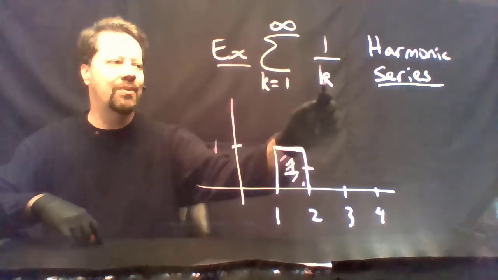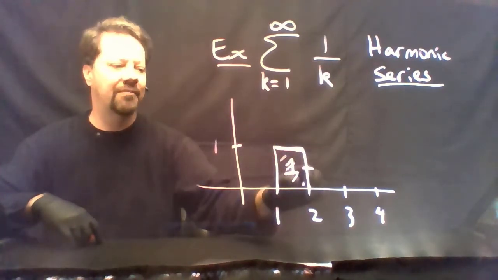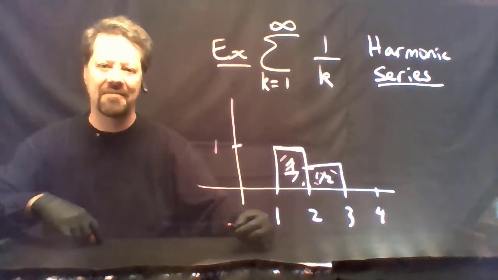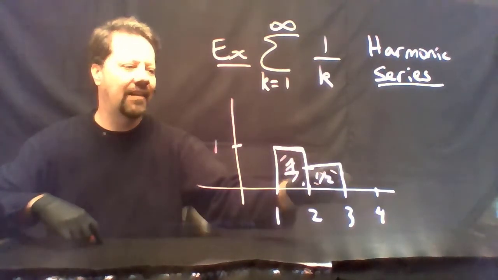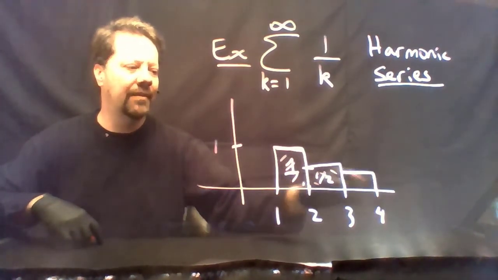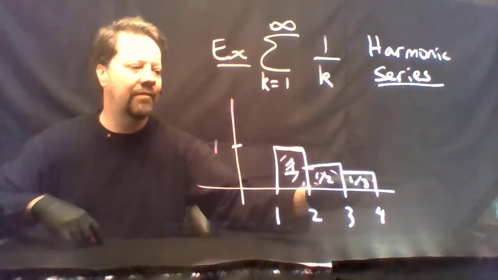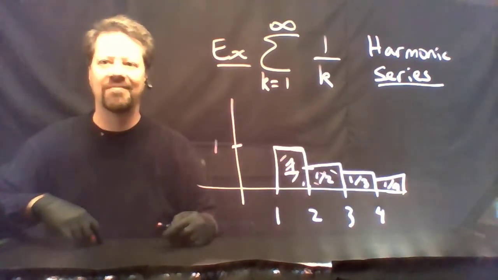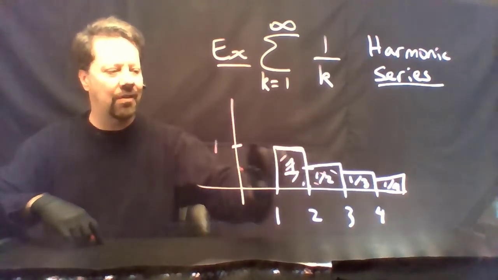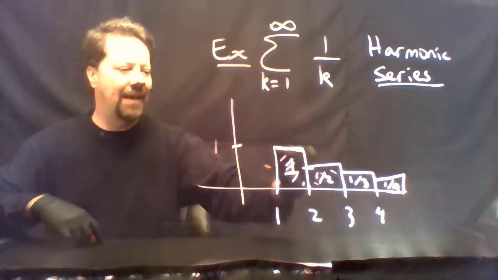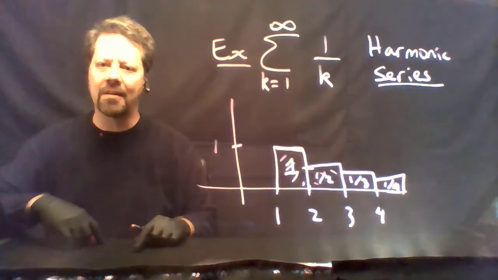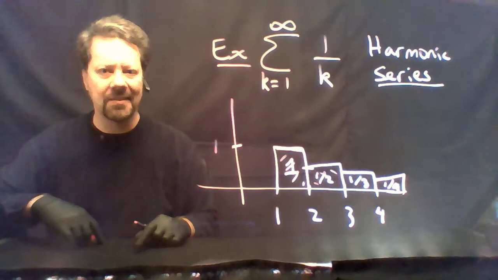At k equals 2, the height is 1/2. So I'm going to make a rectangle of area 1/2. Then 1/3, 1/4, and so on. So we have all of these little areas. If we add these areas up, we get the value of the sum of the harmonic series, whatever that is.